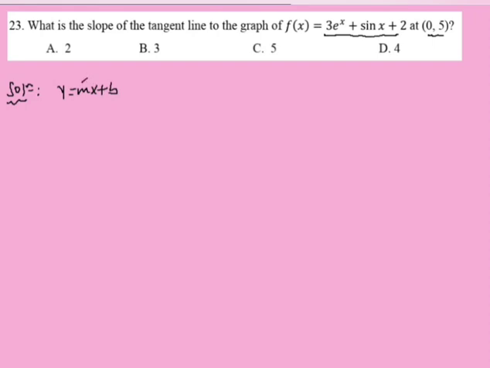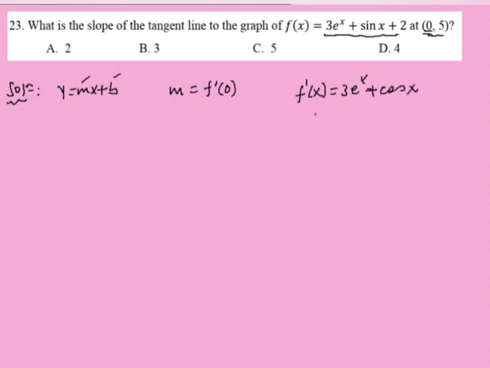We need to determine this m and b, but m, or the slope, can be calculated by f derivative at this point, f derivative at 0. But what is f derivative? F derivative from this function is 3 times e to the power of x plus cos x.